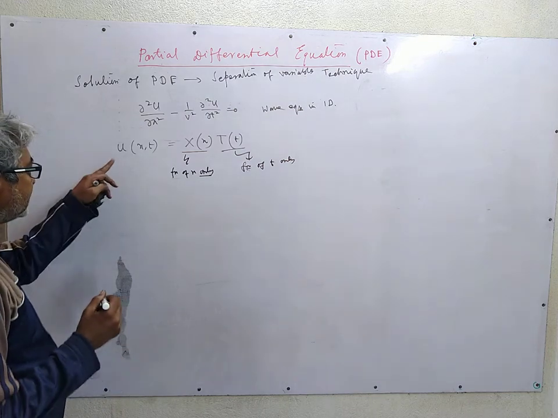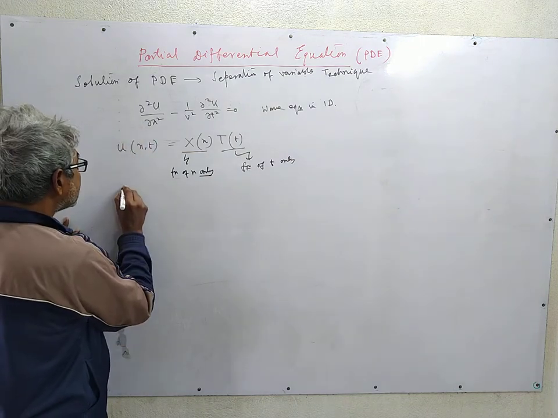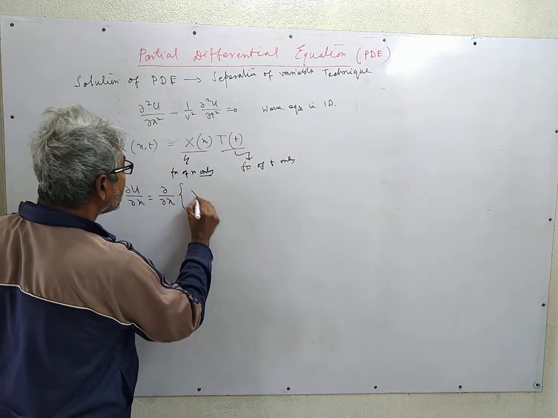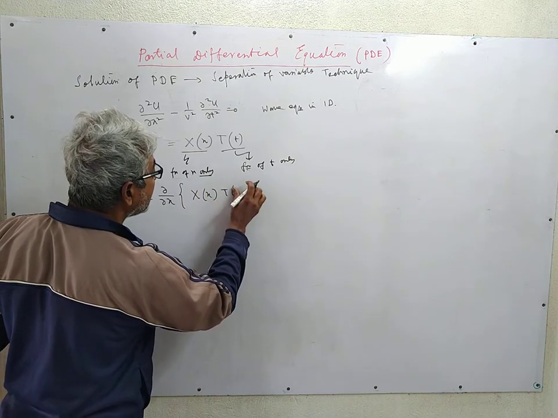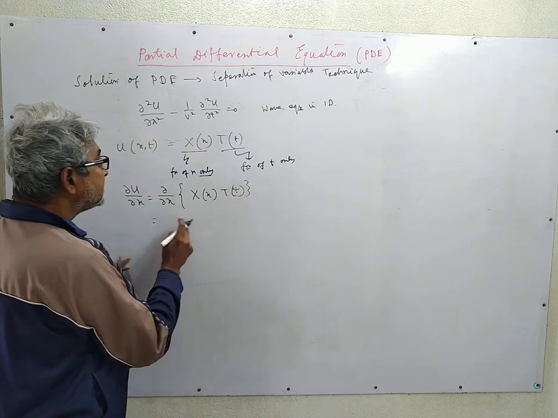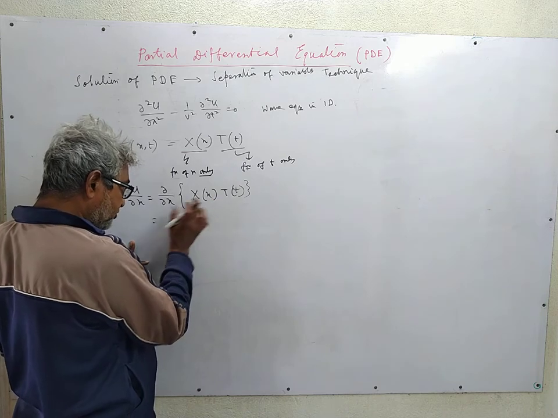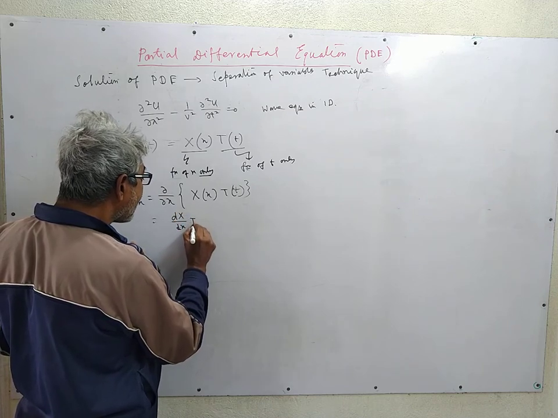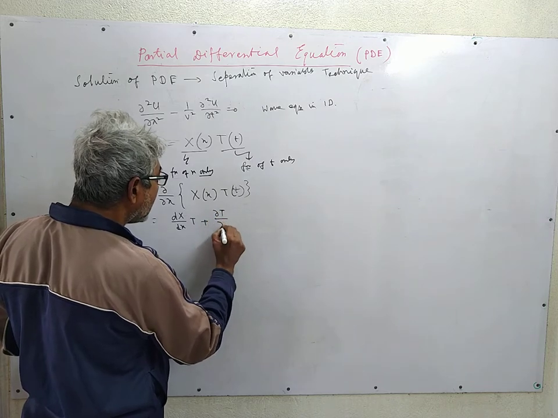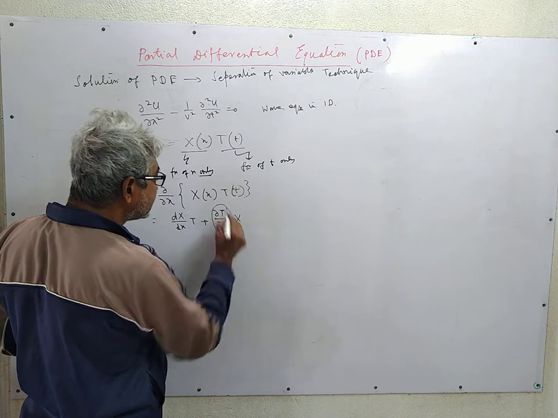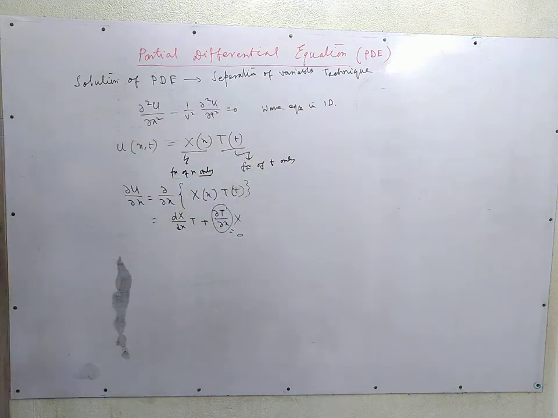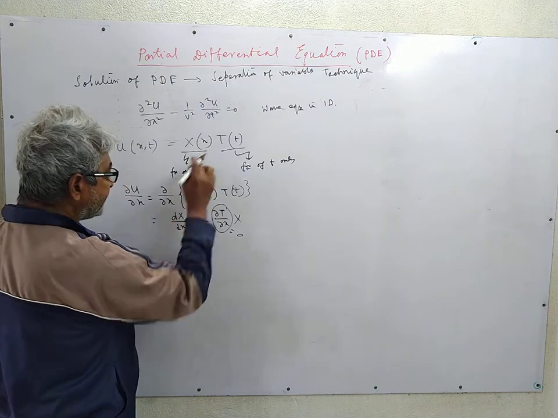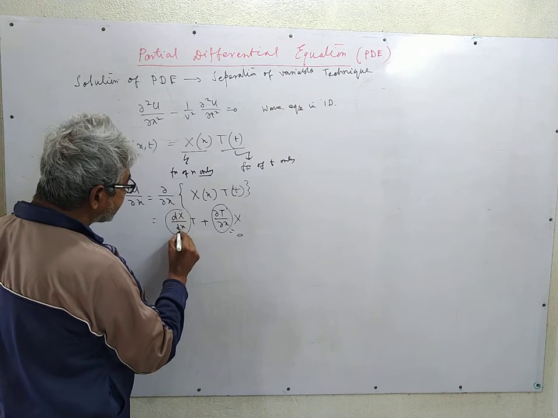If we differentiate this with respect to x partially, we have del u del x, which is the derivative of capital X with respect to x times T. The other part is 0 because T doesn't have any x dependence as per our assumption, and since capital X depends only on x, we have used total derivatives instead of partial derivatives.